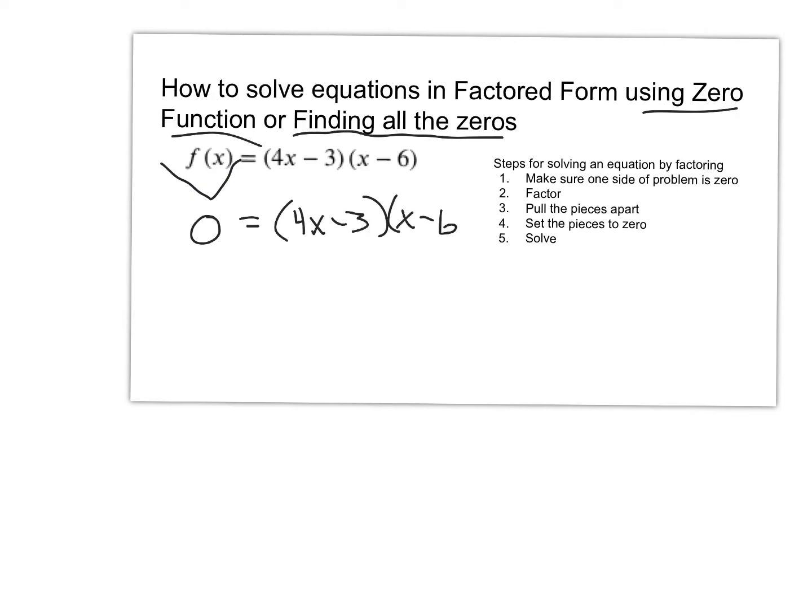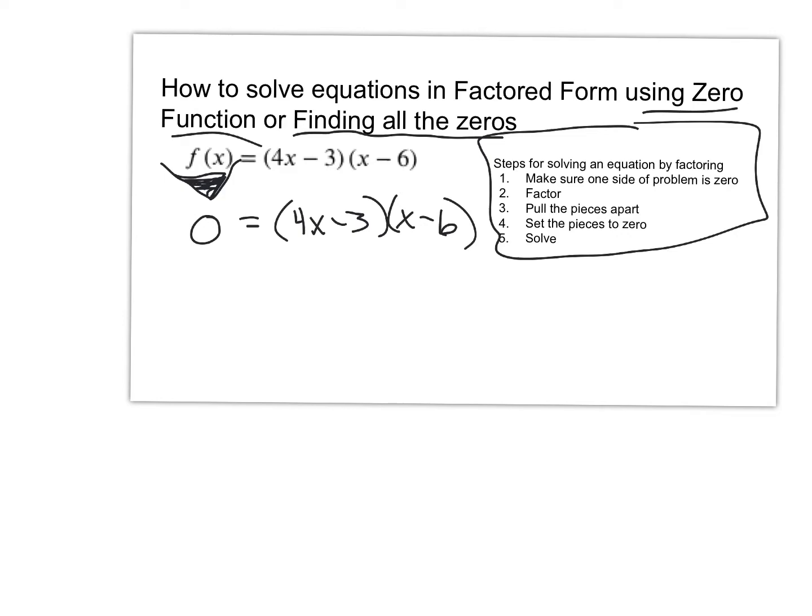Okay? That's all the 0 function says. It says take f of x, turn it to 0. And now you're following the same steps we just did a few minutes ago when we had 0 already over there. That's the only difference with this. Okay? So again, another way math people took something very simple and had to turn it into something very complicated.